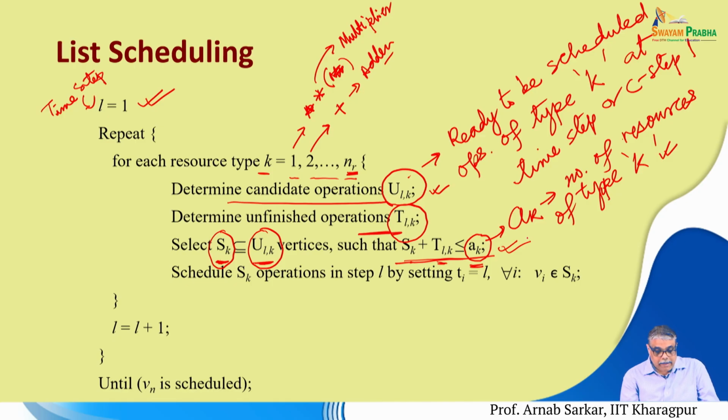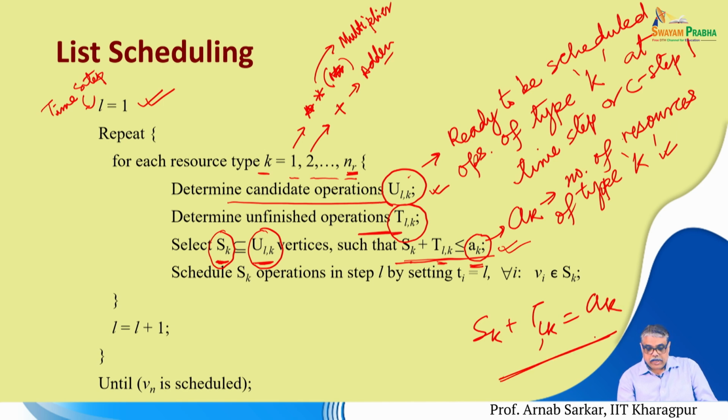If it so happens that you have a sufficient number of elements in ULk such that ULk plus TLk becomes greater than Ak, then you will choose a subset Sk such that Sk plus TLk equals Ak, right. So, you use up all resources if you have a sufficient number of ready to be scheduled operations.